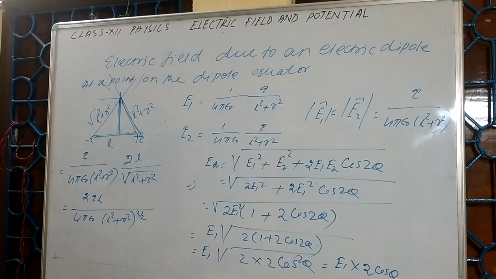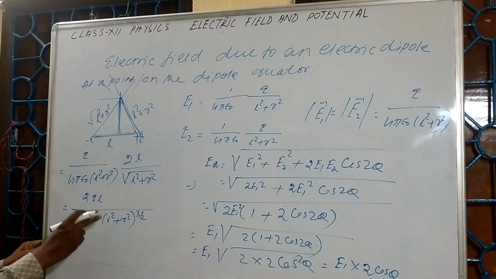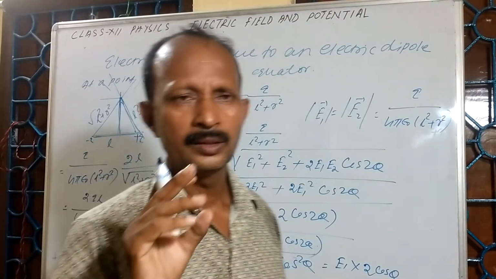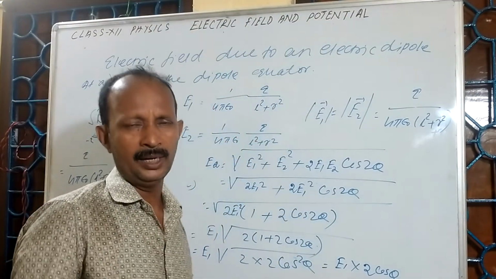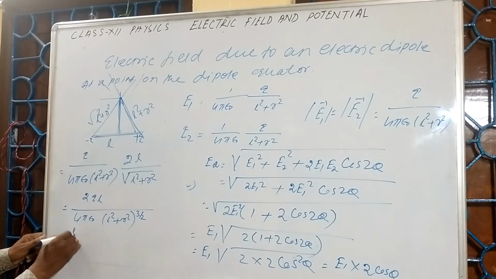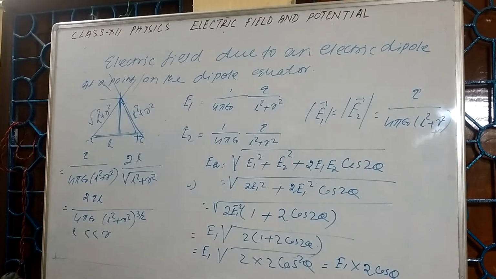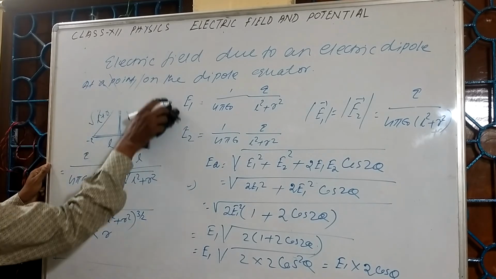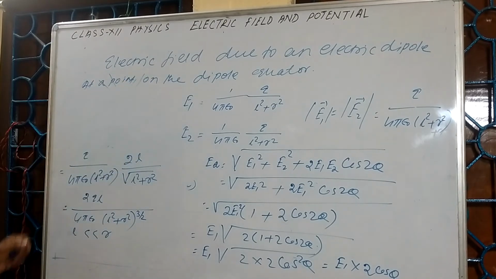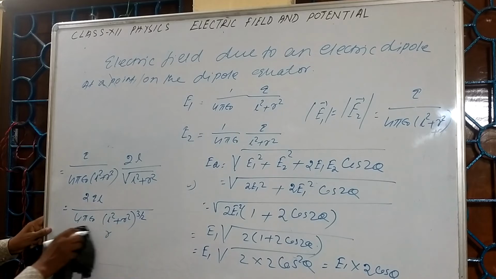Now this R is very larger than L, or I can say that L is very less than R. Then we can neglect the L. If I neglect the L, then what will happen?